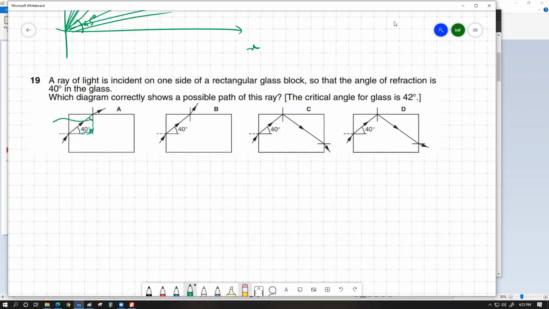So you should find out this angle pretty easily and compare that with the critical angle and decide whether you should have TIR or not. And from there, you have to take it further and check the third surface if it's necessary to see whether the angle of refraction is shown properly or not.